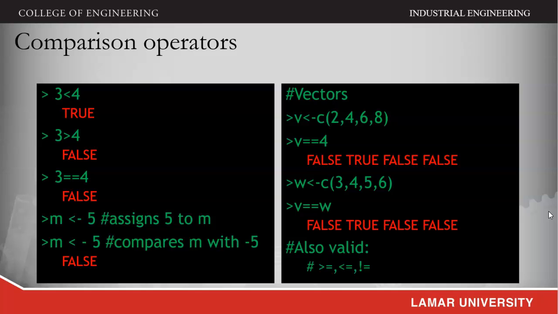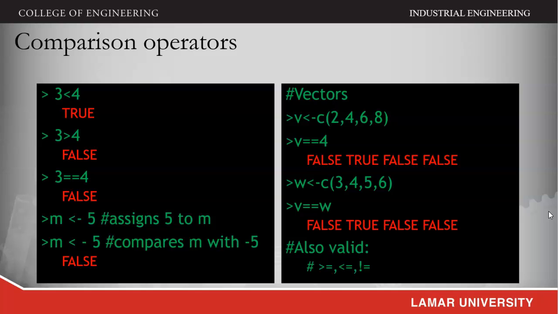So essentially, when we make a comparison, the output is a Boolean value that is either true or false, and when I compare, say for instance 3 is less than 4, the value is true, and if I say 3 is larger than 4, then it is not true, it's false.